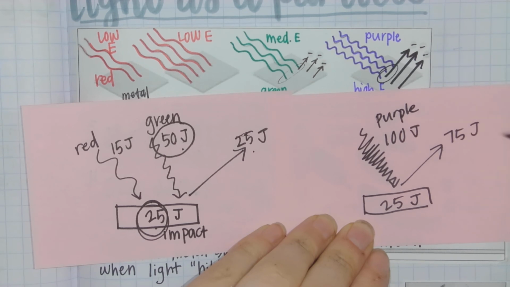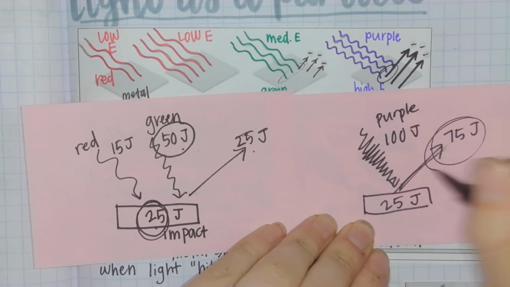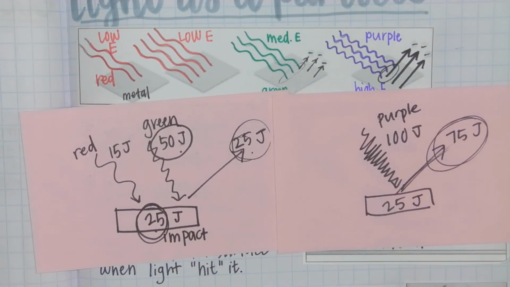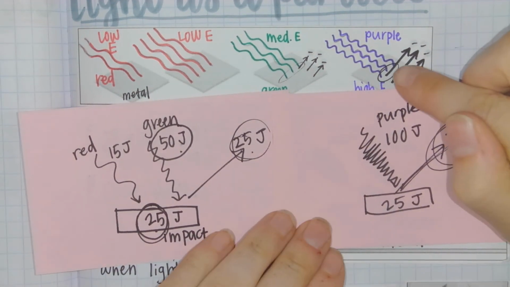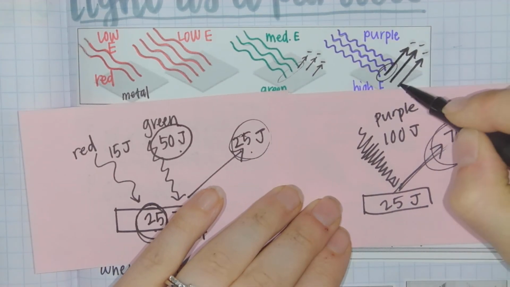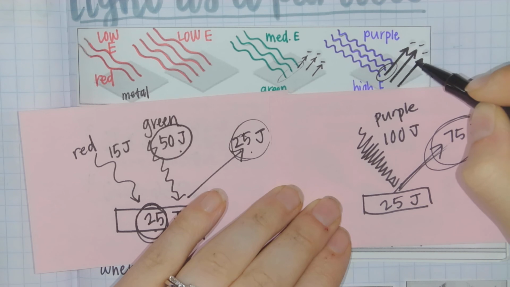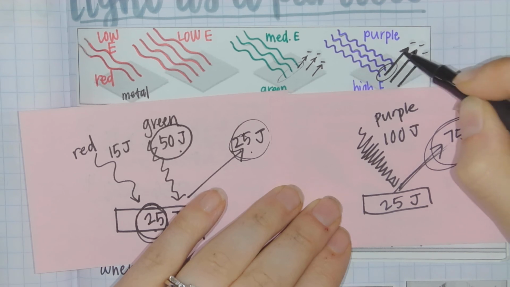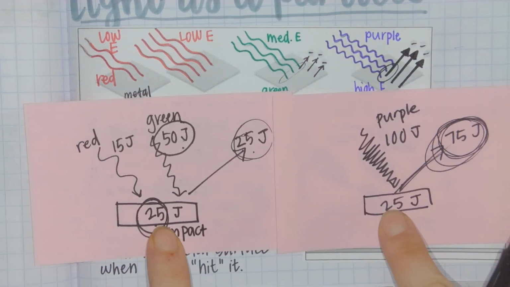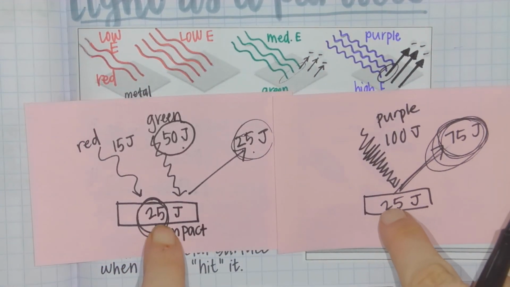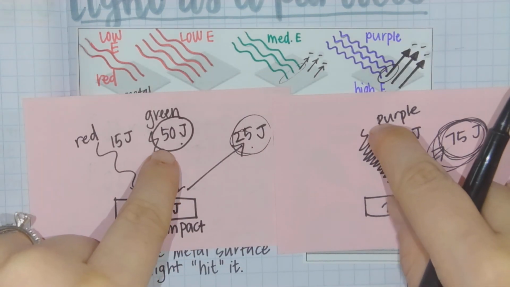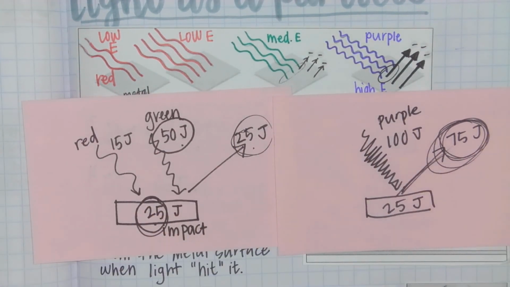This one is leaving at 75 instead of 25 over here. So there's the difference. There's where our purple ones really, if you didn't already, make these ones darker, longer, harder, better, faster, stronger, because they have extra energy after the impact. The impact is the same. It just depends on how rich in joules you were coming into that impact.